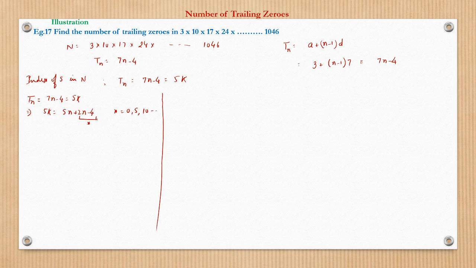So if I put this as 0, I get n is equal to nothing but 2. So I substitute n is equal to 2 here in the equation.